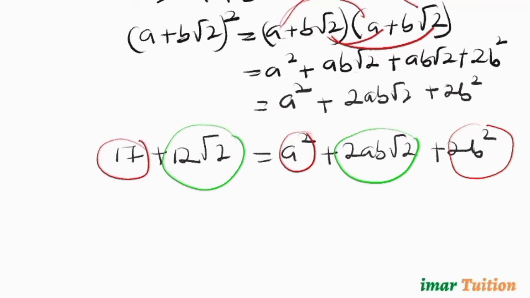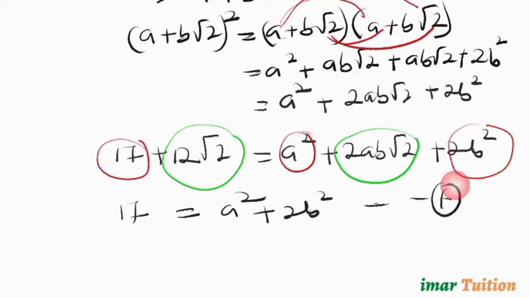So we'll have 17 equal to a squared plus 2b squared. I can take that as equation 1. Then we'll have 12 root 2 equal to 2ab root 2.